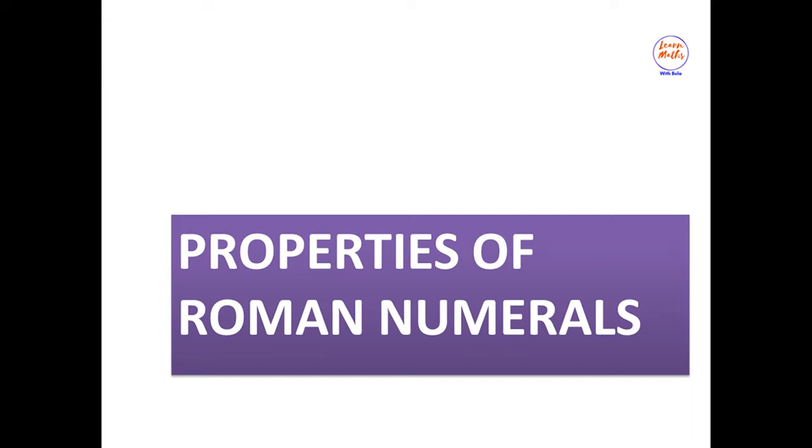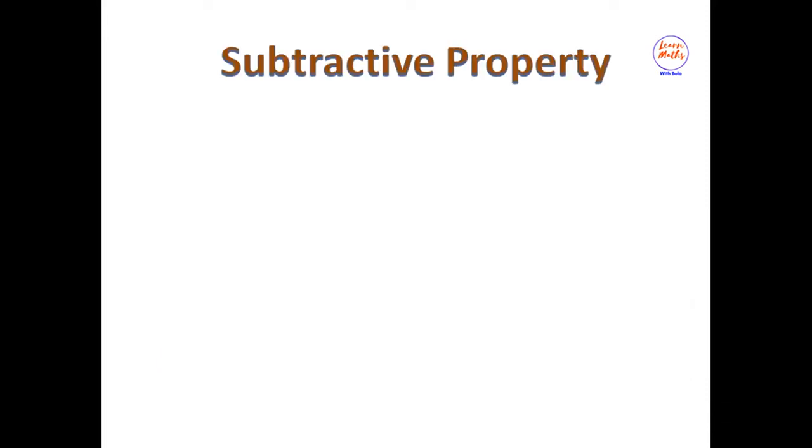Properties of Roman numerals. Everything has what makes it what it is. The first property we'll be looking at is the subtractive property. From the word subtract, it is easy to think that it means subtraction, so Roman numerals can be subtracted.